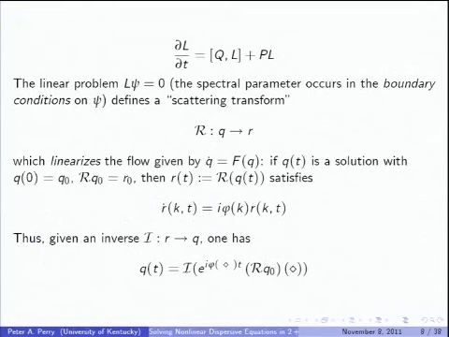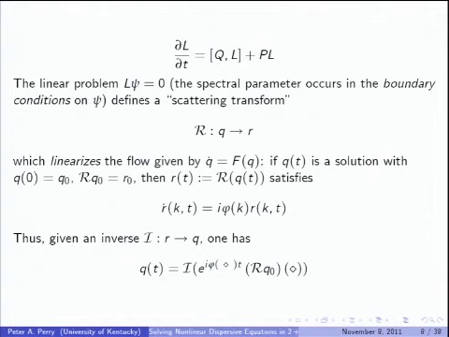So as I said, just to put things slightly more concretely, and I will write down concrete maps in a moment for Davey-Stewartson, the linear problem is for 0 energy, and where the spectral parameter will come in, as we'll see, is actually in the boundary conditions on the solution. Typically, the kernel of L is a huge object, and one has to parameterize the solutions in it in some way.